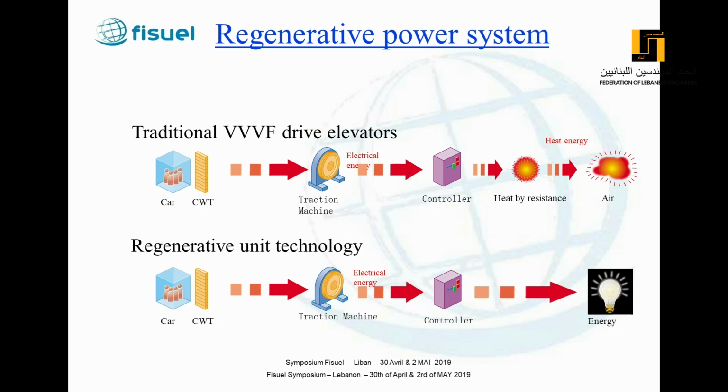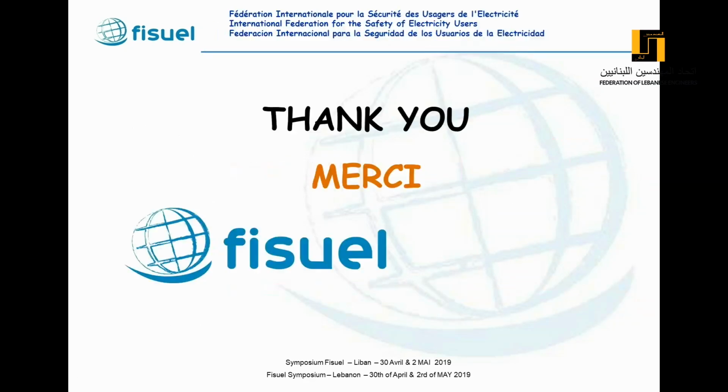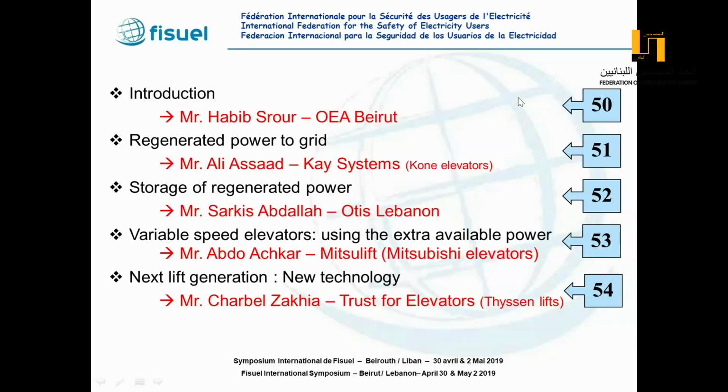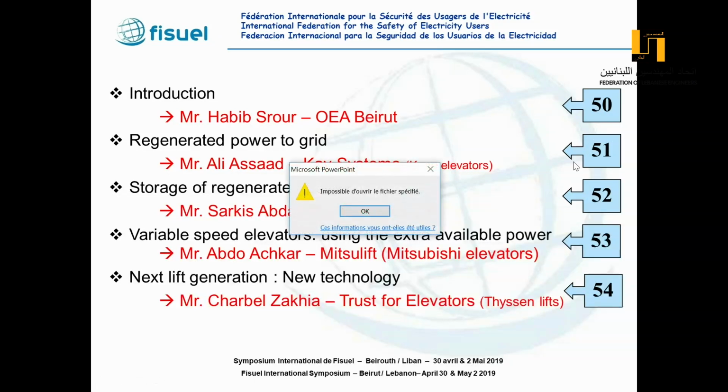I invite Mr. Ali Asad. Mr. Ali Asad is a mechanical engineer, and he has 11 years of experience in the lift industry. Currently, he is the operation manager with K Systems.